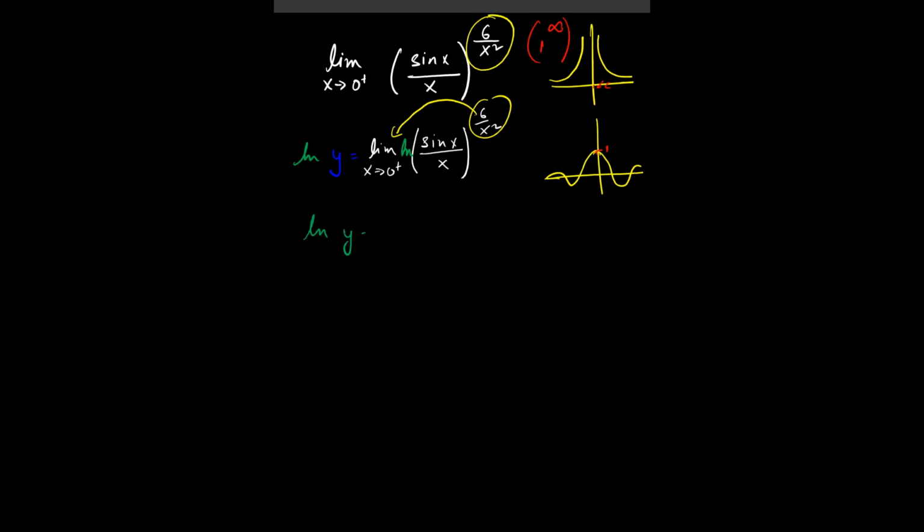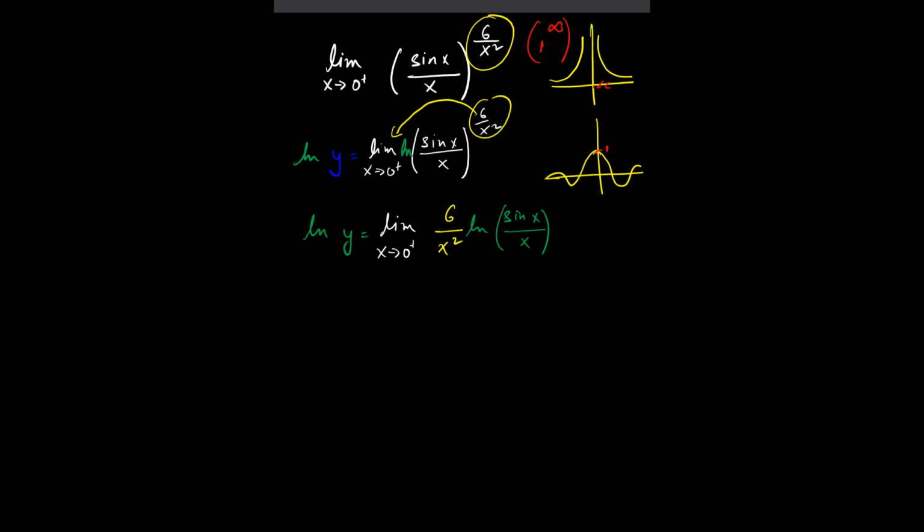So we have natural log of y equals the limit as x approaches 0 from the right of natural log of sine of x over x, and if you sneak the exponent out in front, it is 6 over x squared.